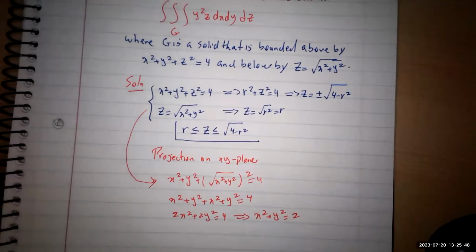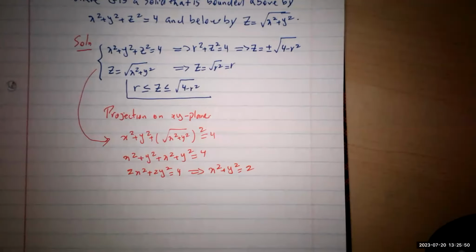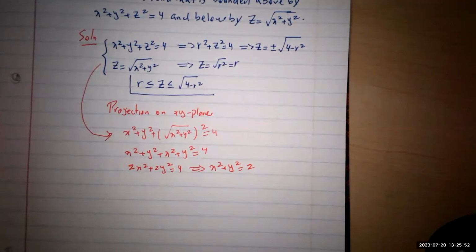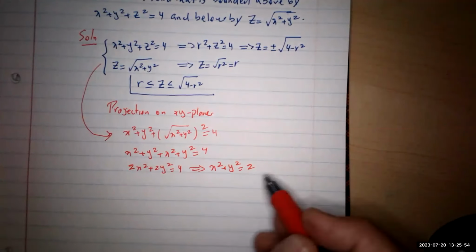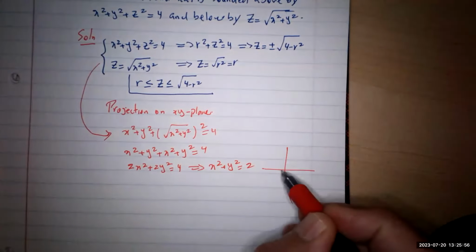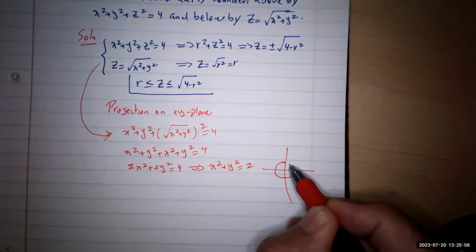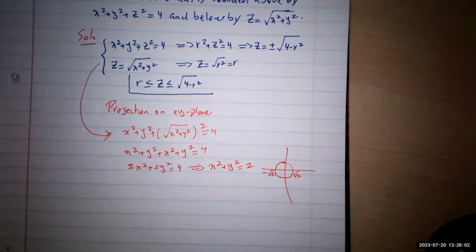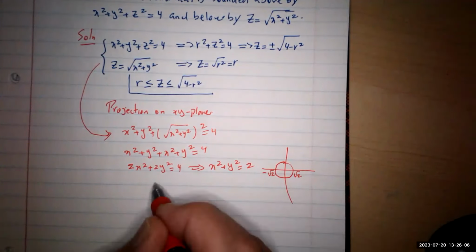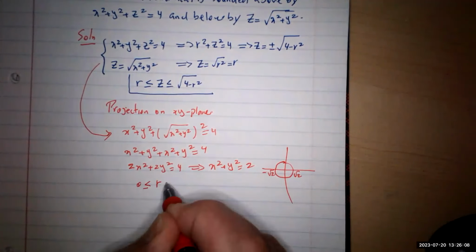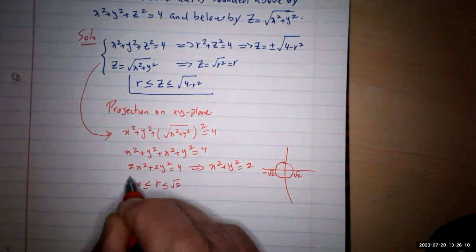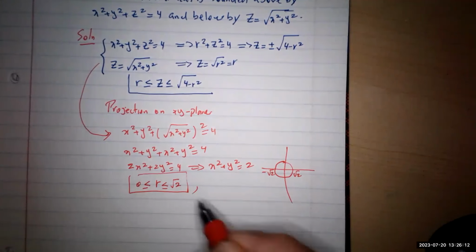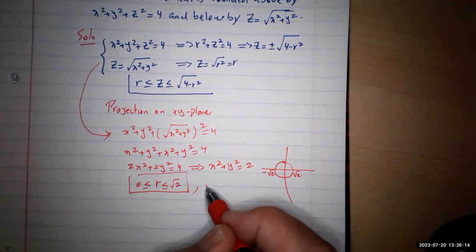So the radius of your circle is the square root of 2, not 2. That gives you the restriction for r, the radius, square root of 2, and the polar angle is between 0 and 2 pi.